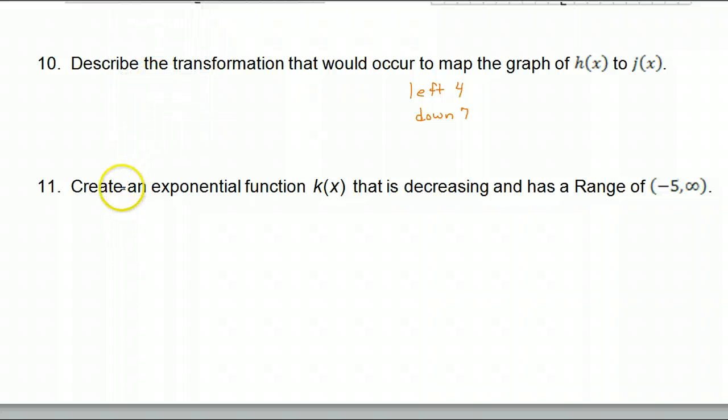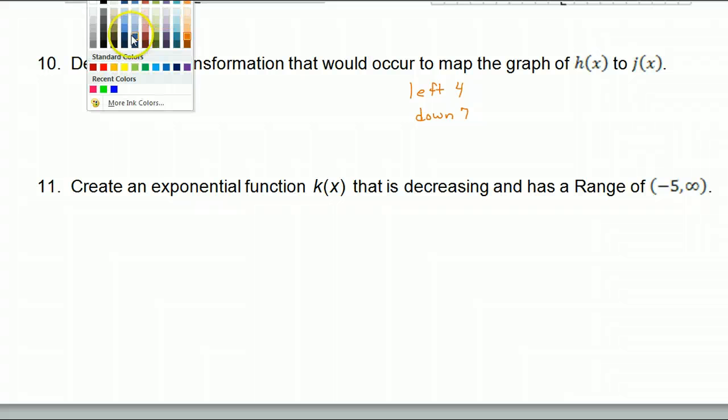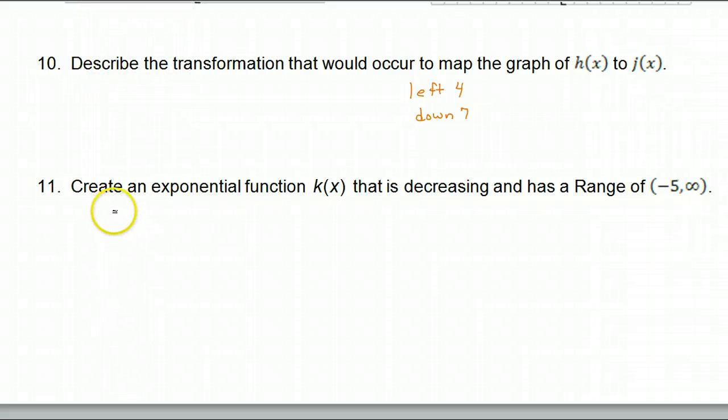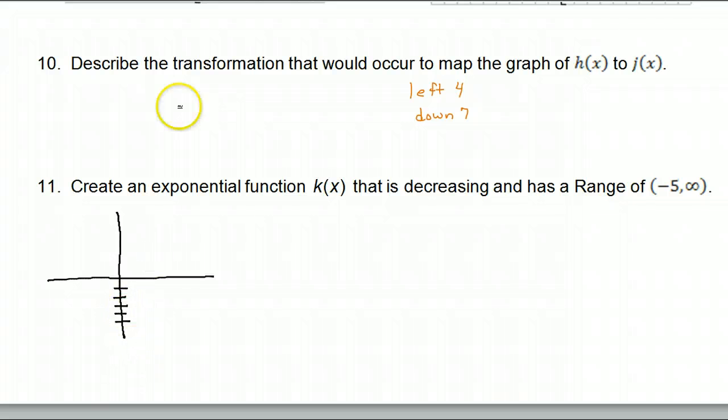Alright, last but not least, number 11. We're supposed to create an exponential function k that is decreasing and has a range from -5 to infinity. So the idea is this. Imagine that we have some kind of a graph happening. Alright, 1, 2, 3, 4, 5.